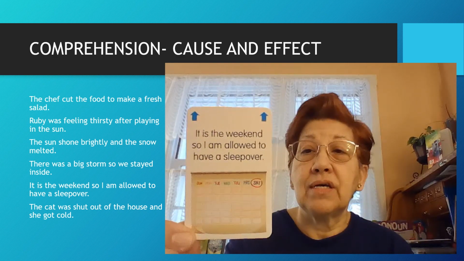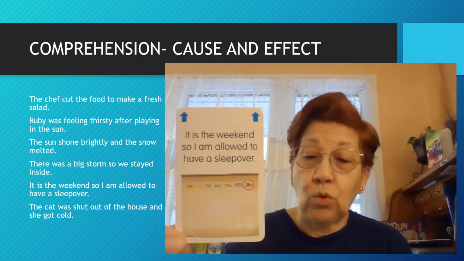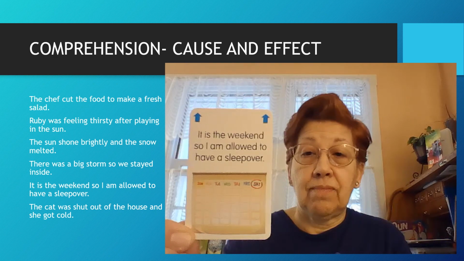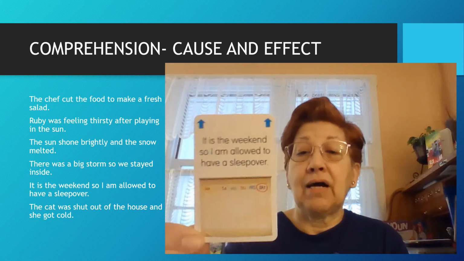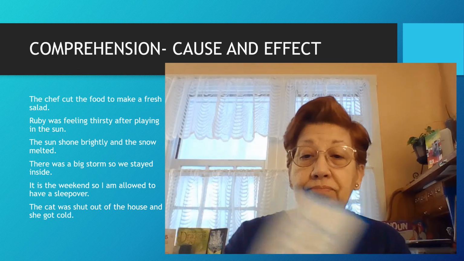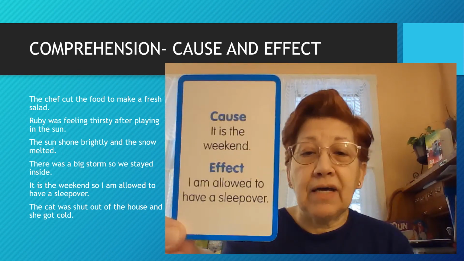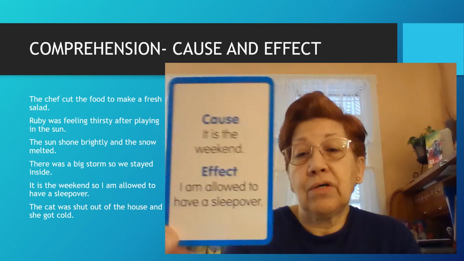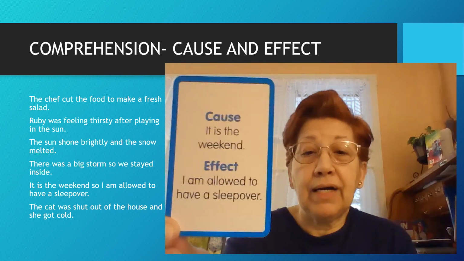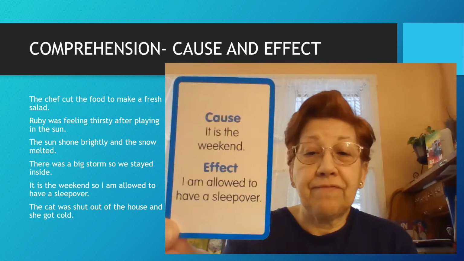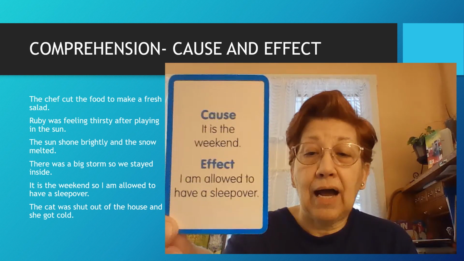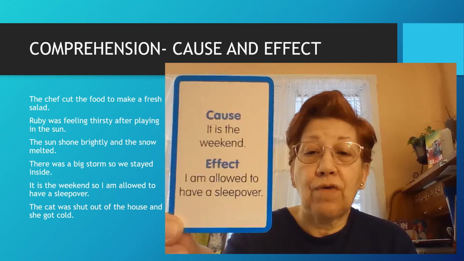Okay, the cause is it's because it's the weekend, right? And the effect is I'm allowed to have a sleepover, right? The cause is the weekend, and the effect is you're going to have a sleepover, right? Cause and effect, I am allowed to have a sleepover.